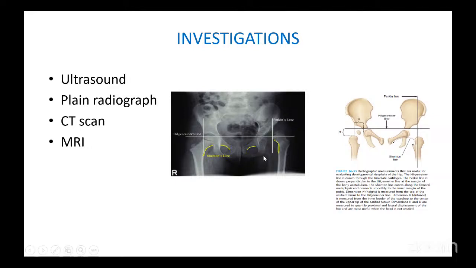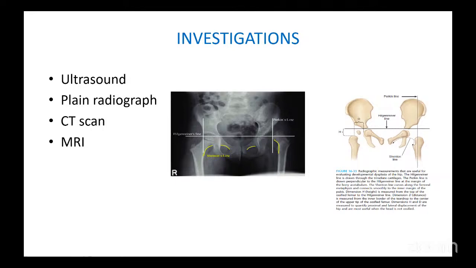One is the femoral head position with two lines drawn, one vertical and another horizontal. The vertical line is called Perkins line, which is drawn along the outer border of the superior acetabular margin, a perpendicular line. The horizontal line through the triradiate cartilage is called Hilgenreiner's line.